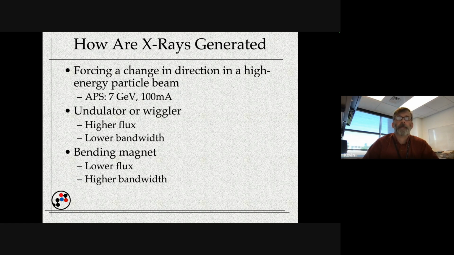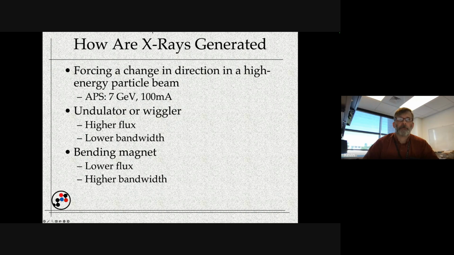The potential, for example at the APS, is 7 giga electron volts with a 100 milliamp current in the storage ring. There are two fundamental ways that you can then force a change in this electron beam.